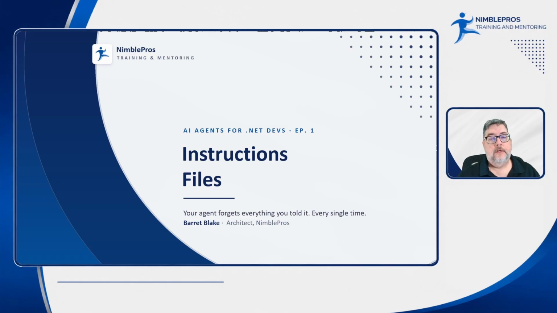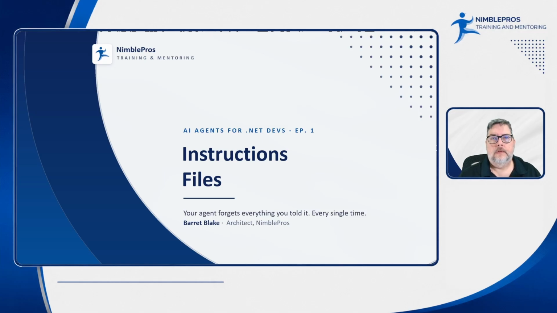All right, so this video is the first one in a series of videos on AI agents and how to make them better, how to work with them in a more effective manner. And this series goes hand in hand with a series of blog posts that we posted to the NimblePros blog, talking about AI agents and how to make them effective, taking them to the next level.